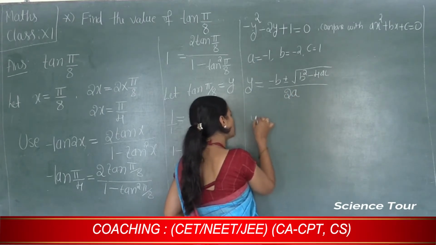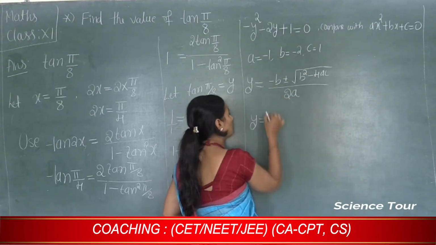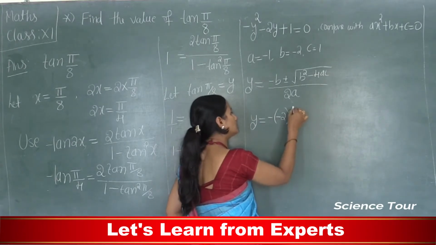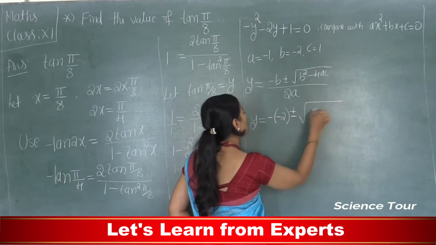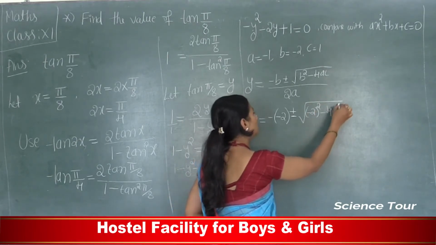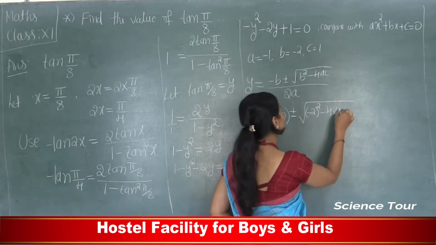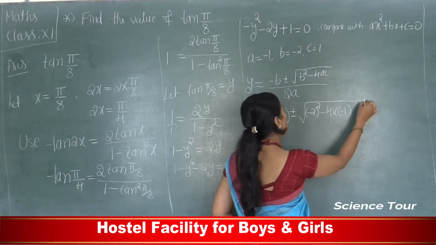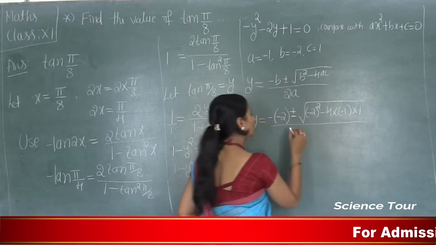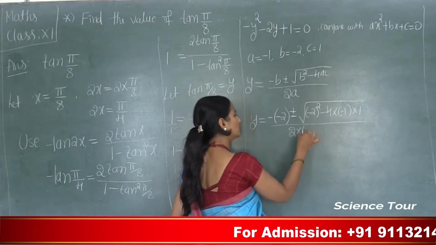Correct, no? So y is equal to minus b, which is minus of minus 2, plus or minus square root of minus 2 square minus 4 into a, which is minus 1, into c, which is 1, divided by 2 into a, you know this, right?